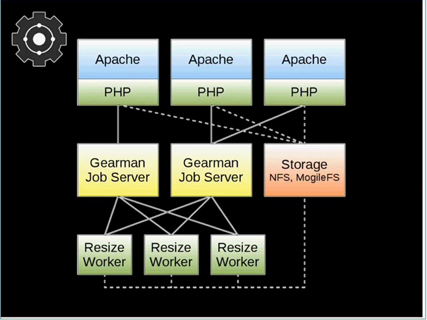Now, it's not always the most practical to push every image through the Gearman job server. If you want to actually store that image somewhere, you may push that off to some external storage mechanism. That's what the dotted lines represent here. You may actually say from your web script, go store this over here inside of an NFS or MogileFS store, and then notify Gearman that there's an image over there that I need resizing.